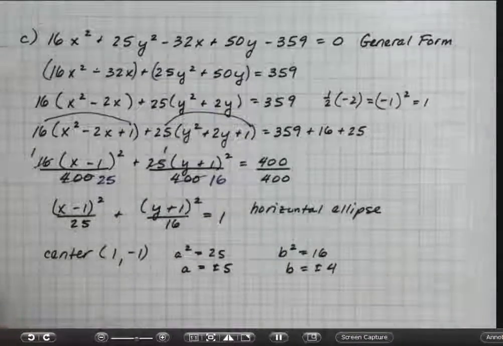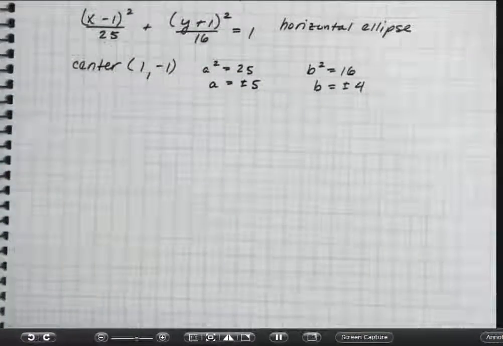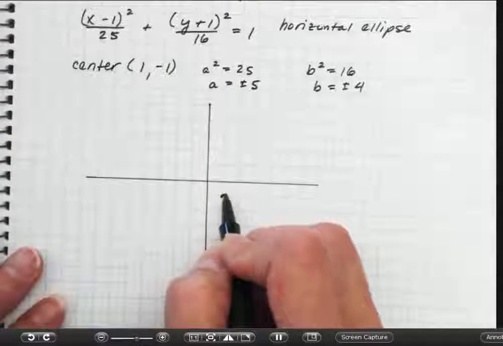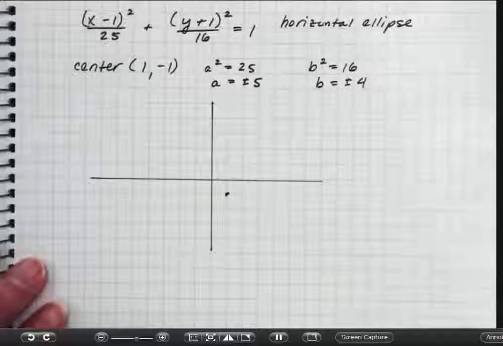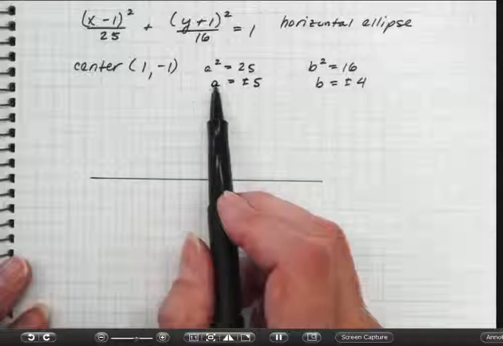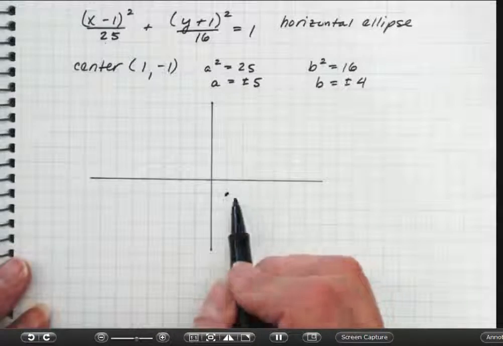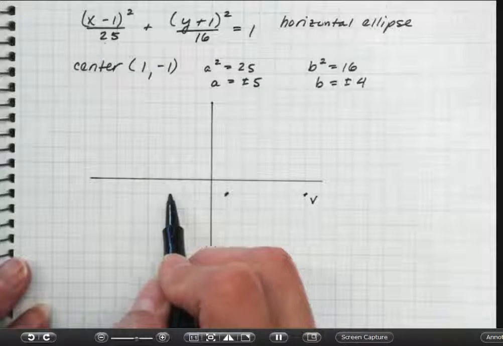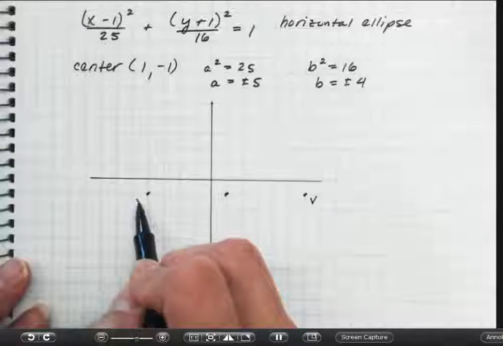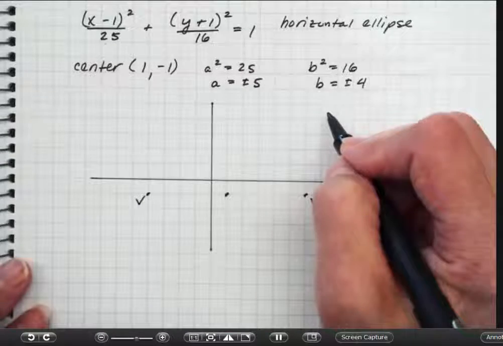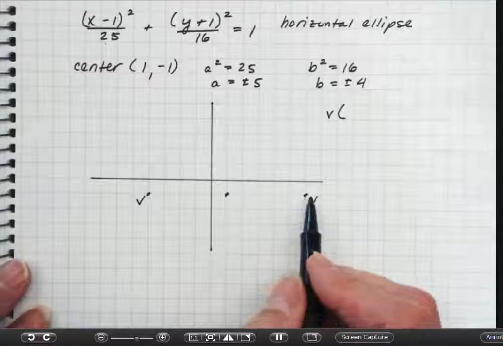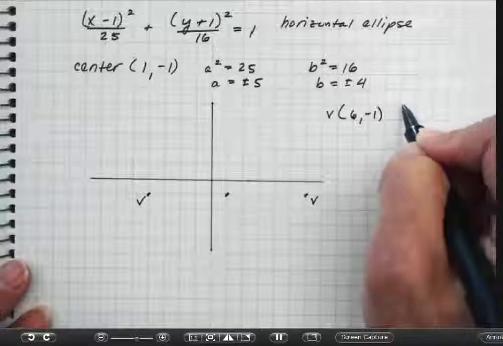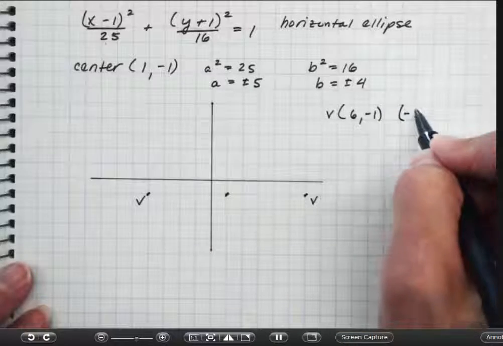I'm going to go ahead and start to draw it so I can figure out my vertices a little bit easier. So we have our center at 1, negative 1. There's my center. You've told me that I'm going to be going in the x direction, plus or minus 5 from the center. So here's one vertex. Here's my other vertex. So my vertices are going to have coordinates 6, negative 1, and negative 4, negative 1.